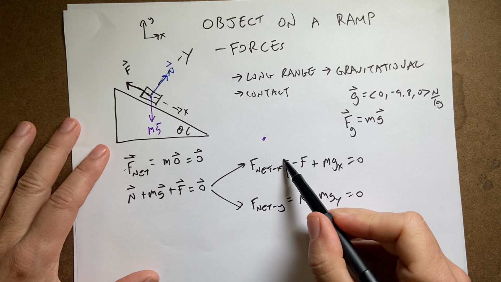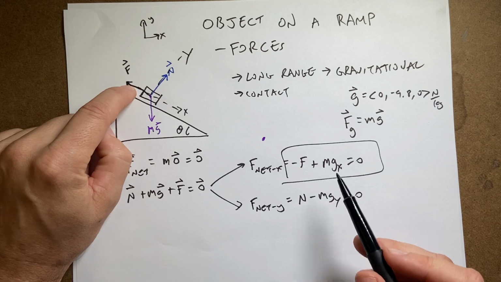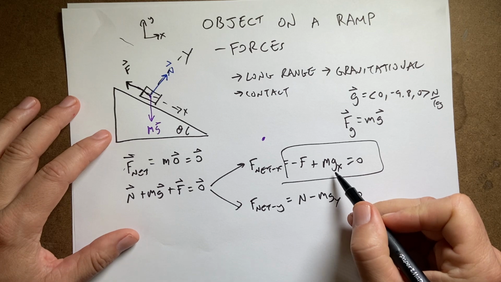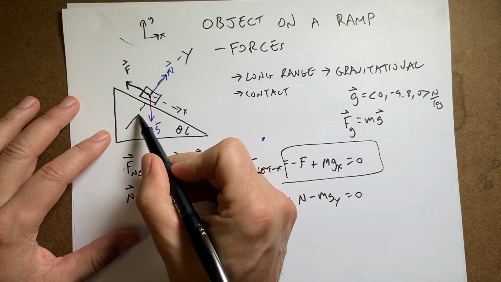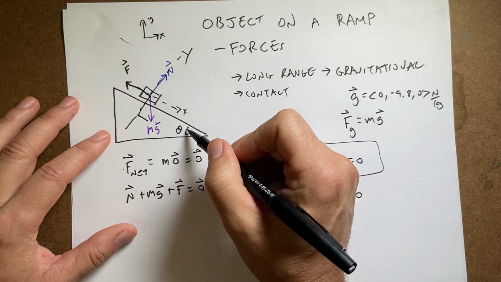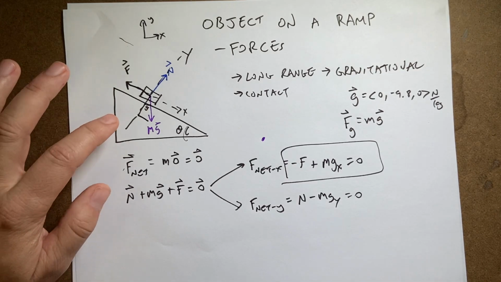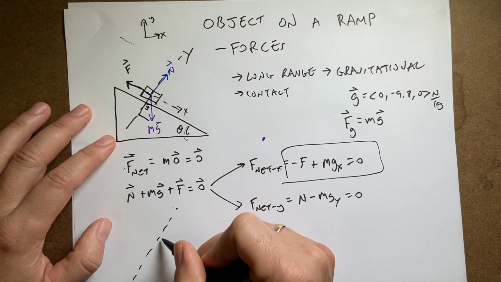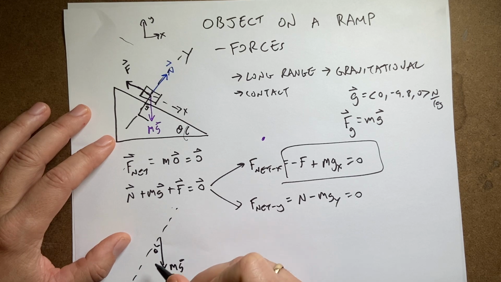But I want to focus on this equation because I can actually measure this force. I could put a spring right here and measure this force as I change this angle. So one of the things that we can see is that if I draw this triangle right here, if you do a little algebra, geometry, I'll let you play with it yourself: if this angle is theta, that angle is also theta. So let me just draw this gravitational force down here. Here is my y-axis. Here's my mg vector. That angle is theta.